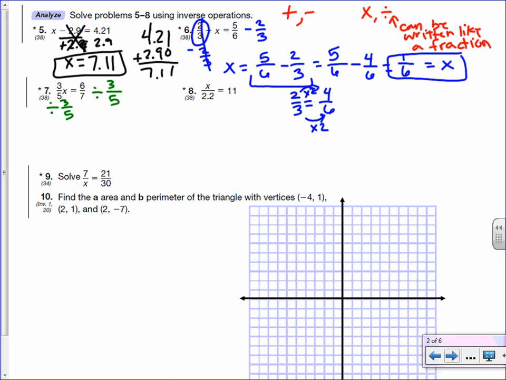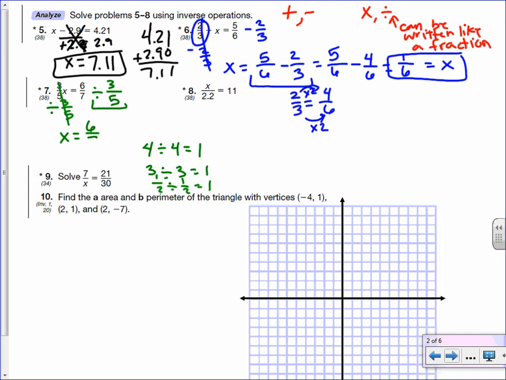If you take any number, let's say it's 4, and you divide it by itself, you get 1. Any number that I do that with, I get 1. So this cancels out, and I just get 1x, which I write as x. When I divide by a fraction, that's the same thing as multiplying by its reciprocal.